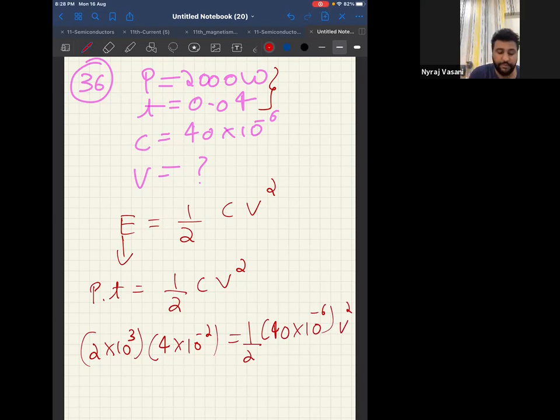Now, I'll try to simplify it here itself. 2 ones are 2, 20s are 20. Therefore, here I got 20 into 10 power minus 6 into V square. Now, 20 into 10 power minus 6 can be written as 2 into 10 power minus 5, correct? 2 into 10 power minus 5 V square.